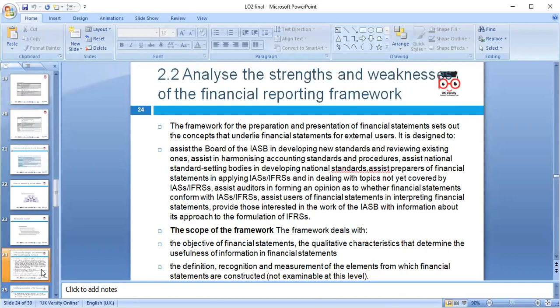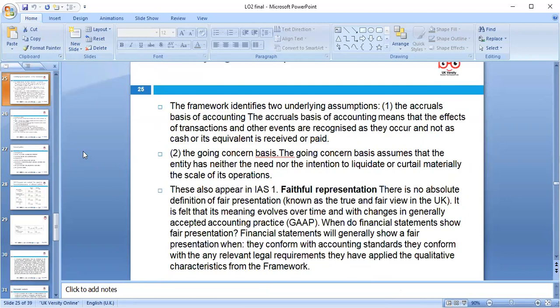The main purpose is true and fair information to the user. Then the framework identified two underlying assumptions: accrual basis accounting, also known as the matching concept.